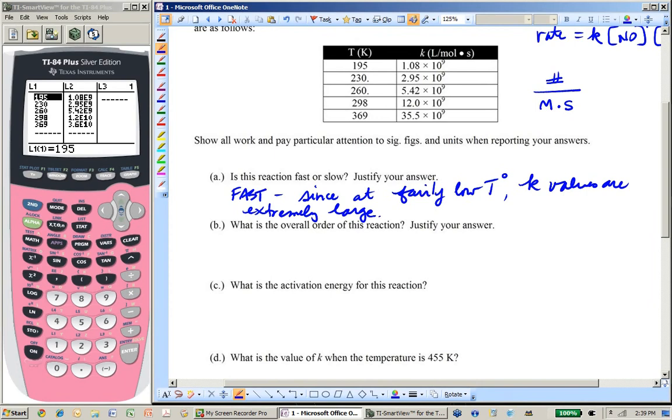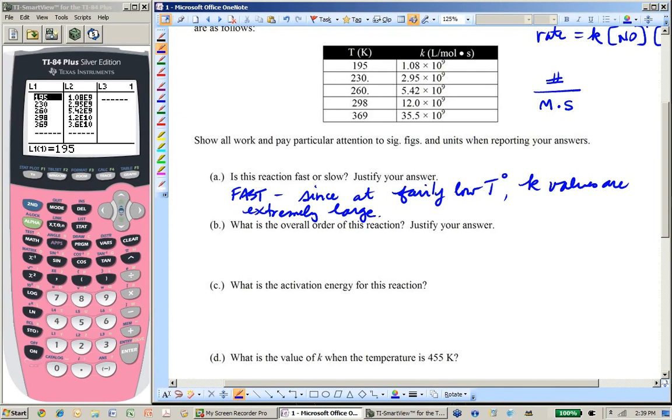So if you've been doing what I've been asking you to do and thinking about the overall order of a reaction, then you've been putting up fingers, which makes you feel foolish at first until you get the hang of it, putting up fingers for the overall order. And then you've been dropping a finger to put the right number of molarities in the denominator of your K value's units. Now go backwards. There's one molarity in the denominator, so put up a finger for the one, and now put up the finger you would have normally dropped.